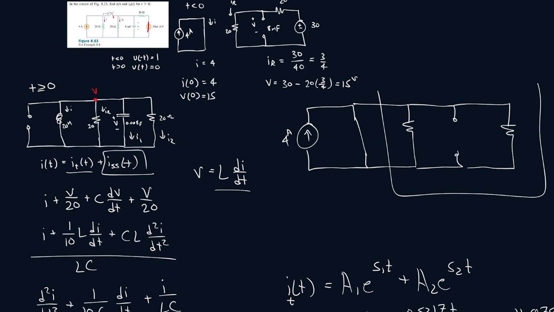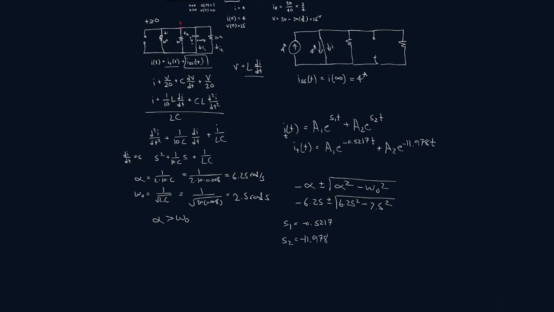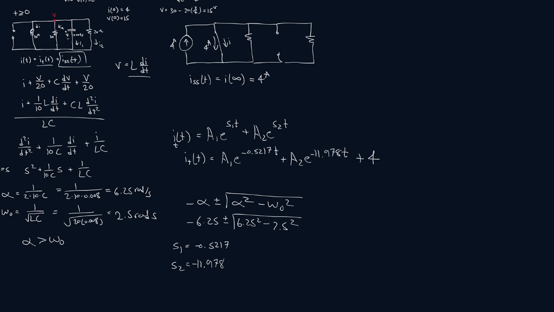So this whole region of the circuit is pretty much useless because all the current will just be traveling through this wire. So the current traveling through here will be 4 amps. That's going to be your I_SS value, which is equal to your I infinity value, which is equal to 4 amps. Recall the current traveling through here is I. So I_SS is 4, so we'll just add 4 here, and that will give you your I(t).